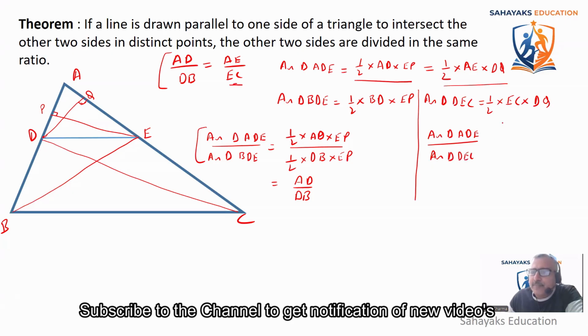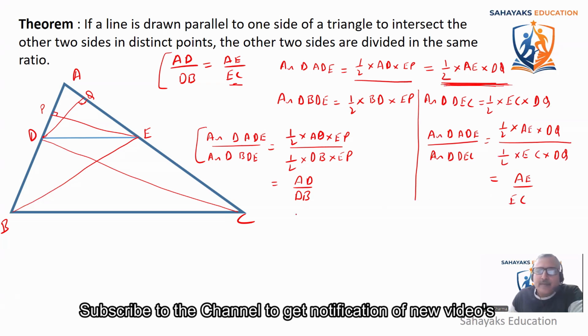This time we are considering the area as mentioned here, which is also the area of triangle ADE. So half into AE into DQ divided by the area of triangle DEC, which is half into EC into DQ. Now the half will cancel out and DQ will cancel out, so it will become AE by EC.